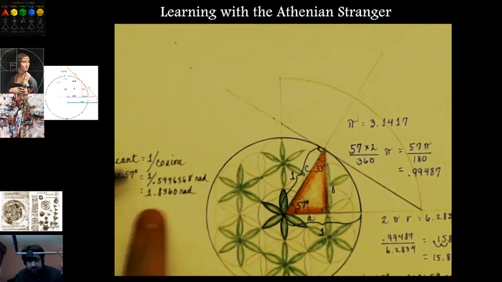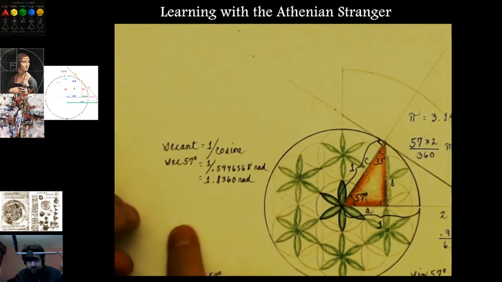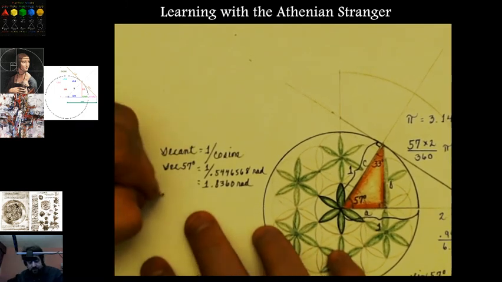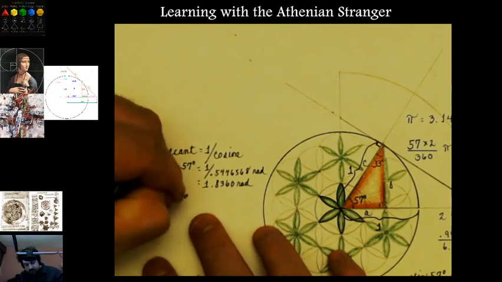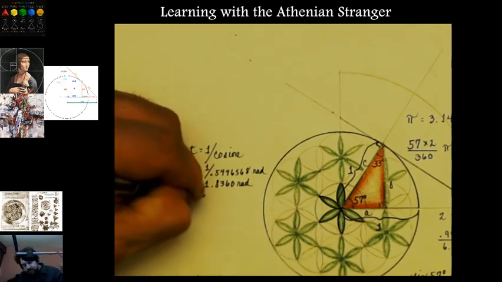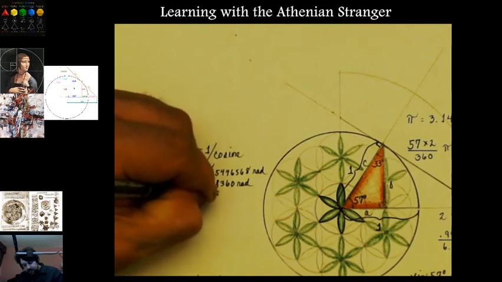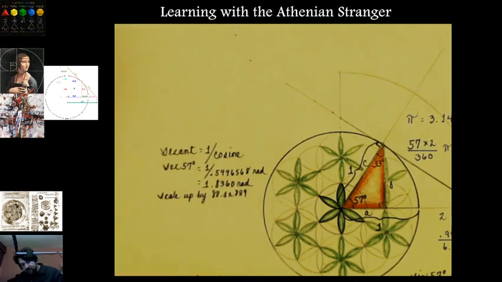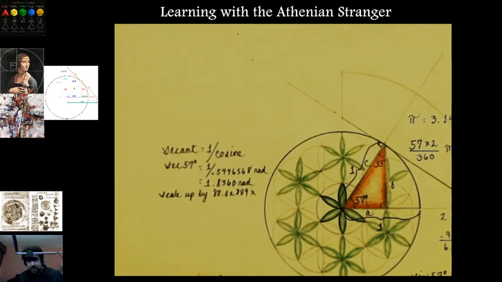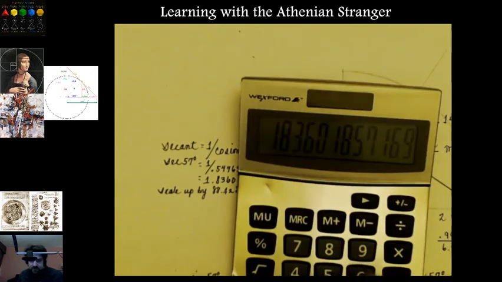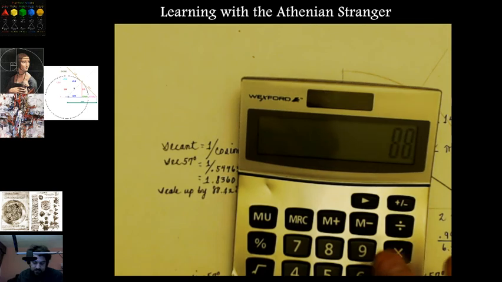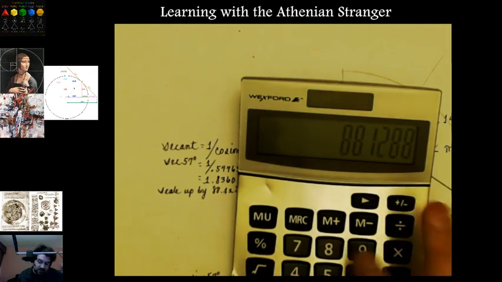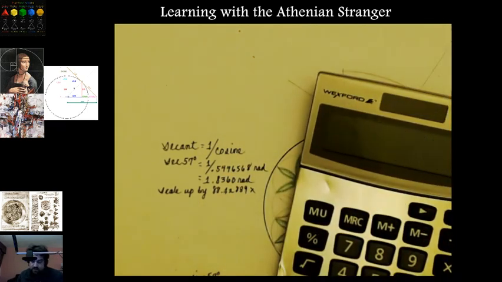So let's scale this up and find out how long the secant line would be in our scale up factor. Scale up by 88.12889. Okay, we're scaling up. So I'm going to take that secant and scale up by 88.12889.